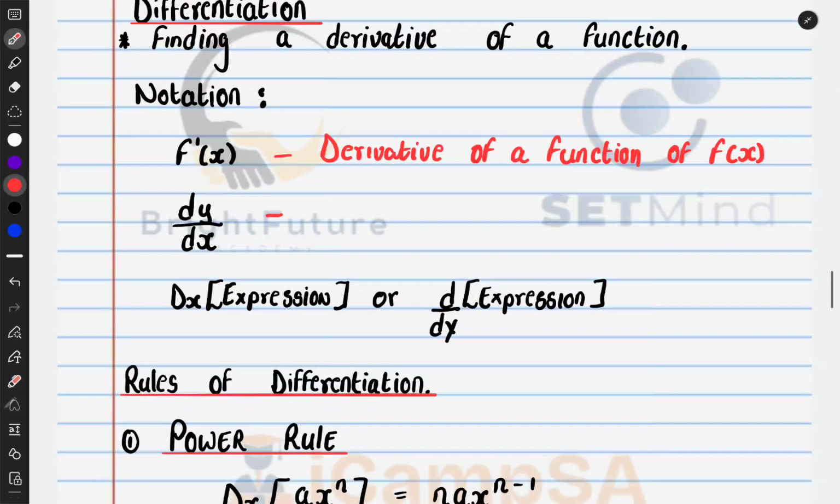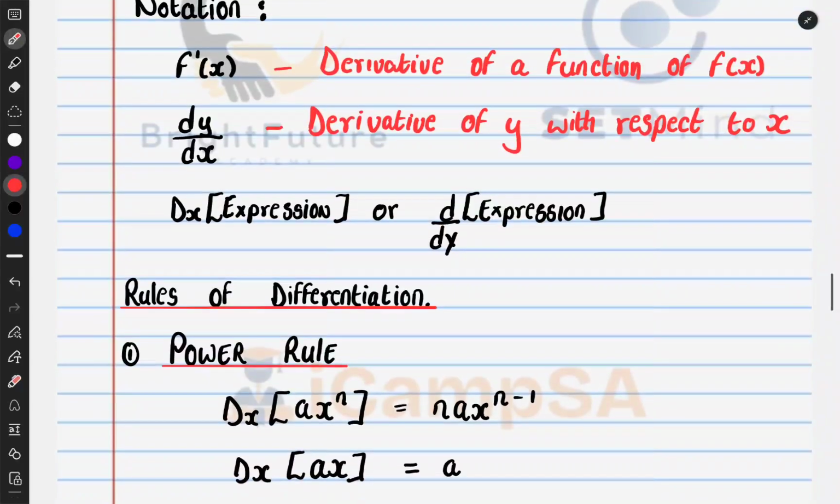And then here is the derivative of y with respect to x. And then we have capital letter D over dx when we're deriving an expression.